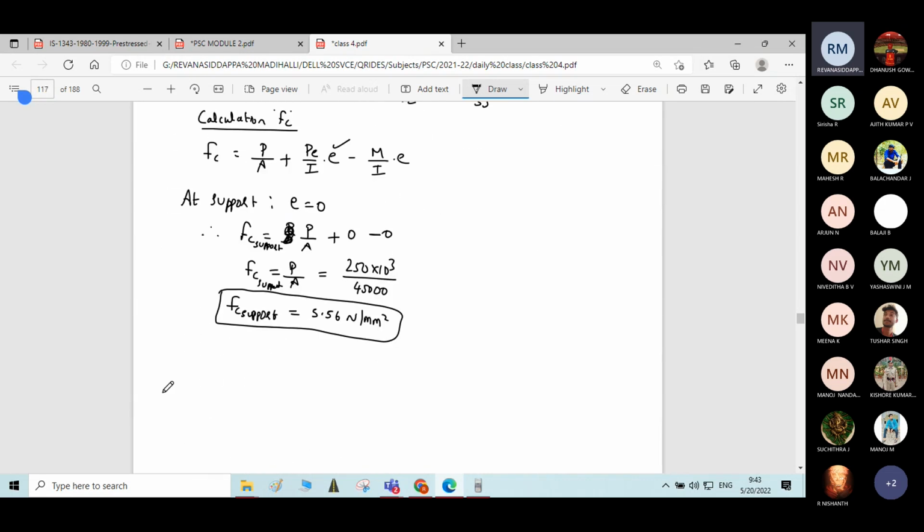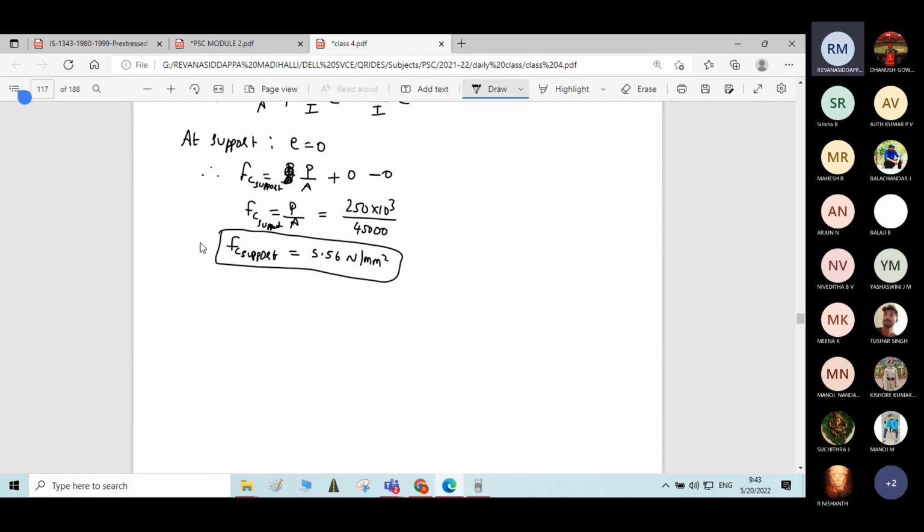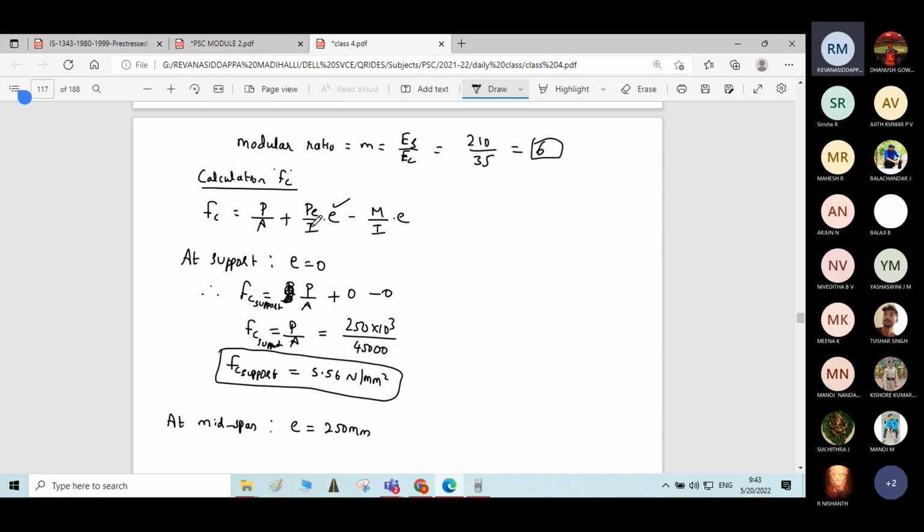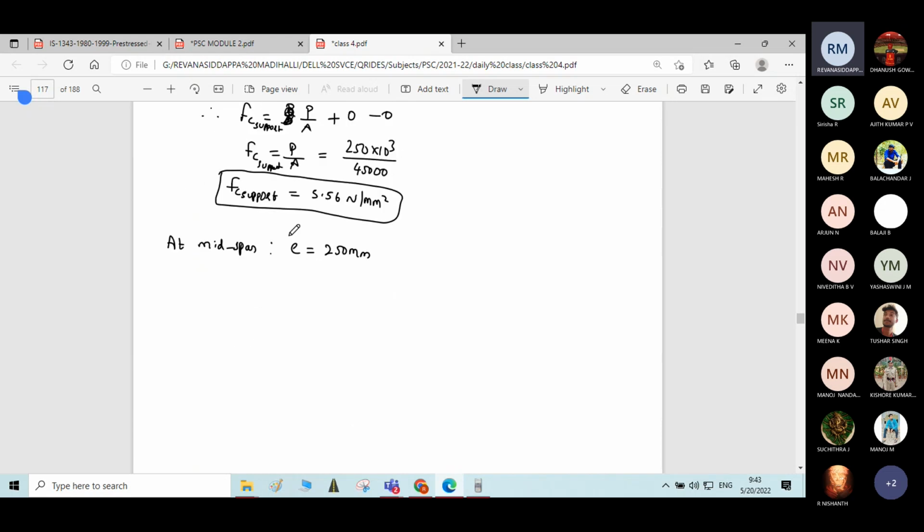Similarly, you calculate at midspan. At midspan, eccentricity is how much? It is 250 mm. Moment of inertia is also required. That also you calculate.